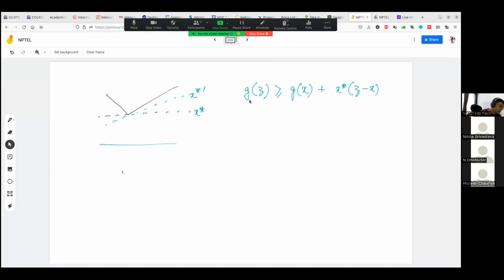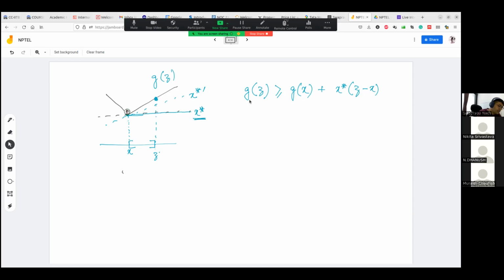If I pick any arbitrary point z, I want to define the subgradient at this point x. I want to find the value of this function at g of z. So what should happen is that I take a slope from this point with this x star, and then take this difference. z minus x is essentially this difference, and your x star is essentially the slope at this point.